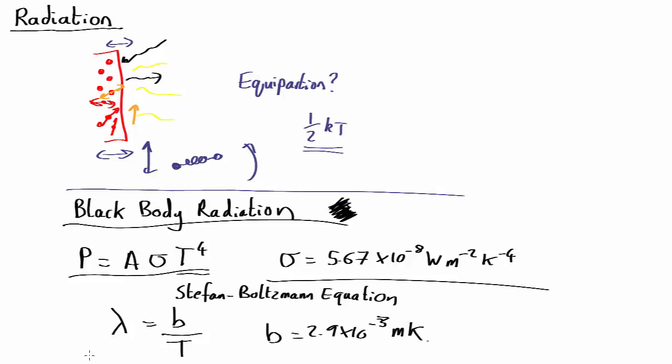Now, for a human body, for example, we're at a temperature of about 36 centigrade, which is 273 plus 36 Kelvin, which gives us a wavelength of about 9 × 10^-6 meters, or 9 micrometers in the mid-infrared. So that means the human body is radiating at mid-infrared wavelengths.